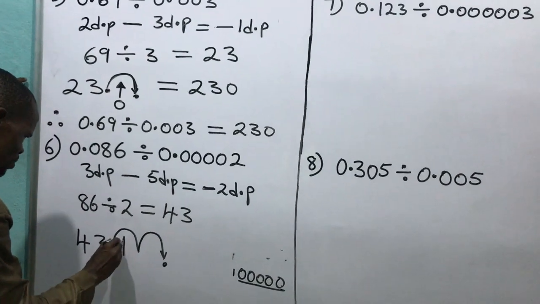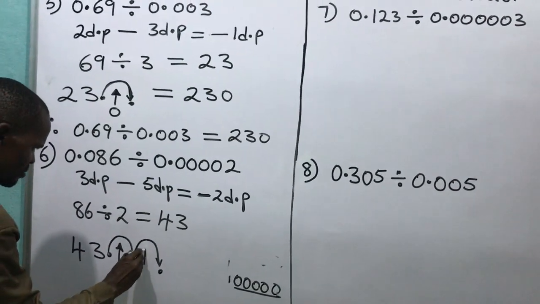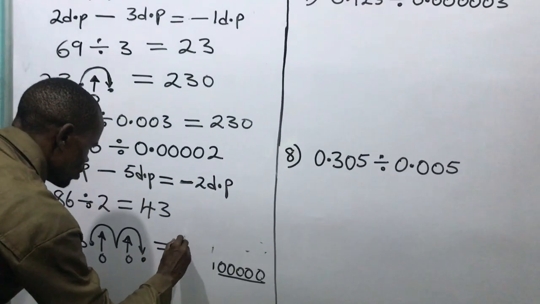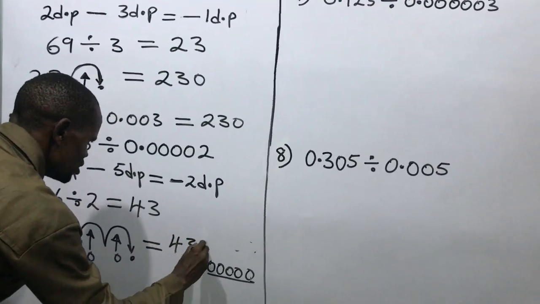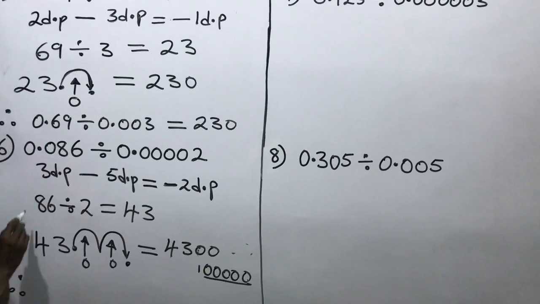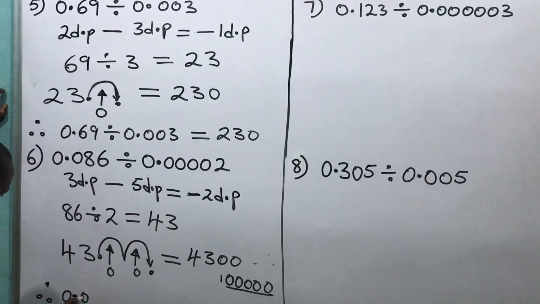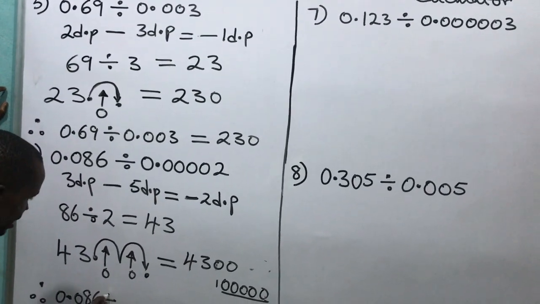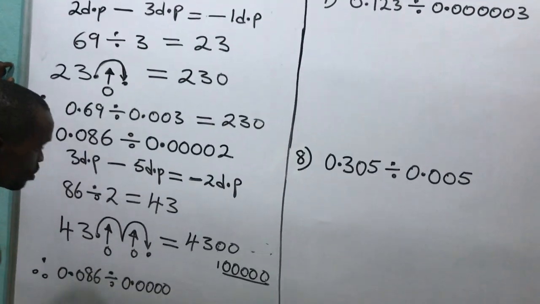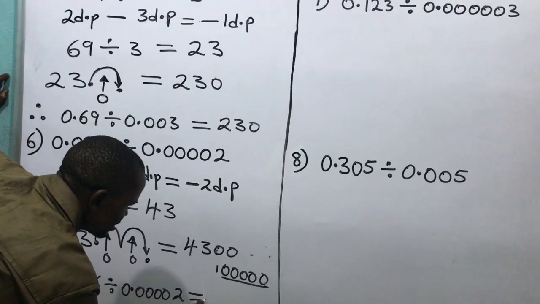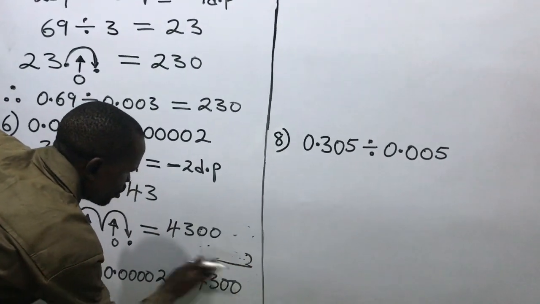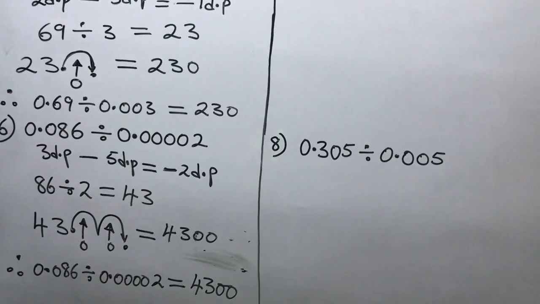I will use my placeholder, which is 0, and this implies that this is 4300. That implies that if I divide 0.086 by 0.0002, my answer will be 4300.